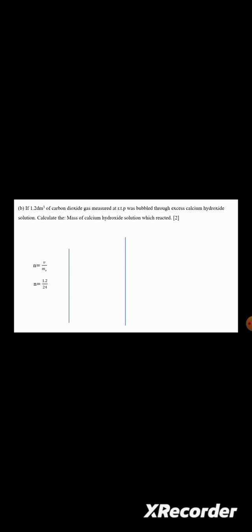So when we get the answer, what we have there is the number of moles of carbon dioxide, because this volume is for carbon dioxide. When we convert it to moles, we've just found the number of moles of carbon dioxide. So this does not relate to the calcium hydroxide. This is just the number of moles of carbon dioxide.